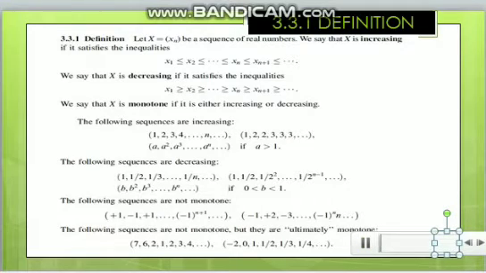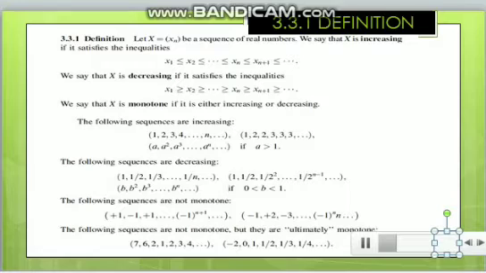Definition: let X equals (xn) be a sequence of real numbers. We say that X is increasing if it satisfies the inequalities x1 less than or equal to x2 less than or equal to ... less than or equal to xn less than or equal to xn+1 and so on.